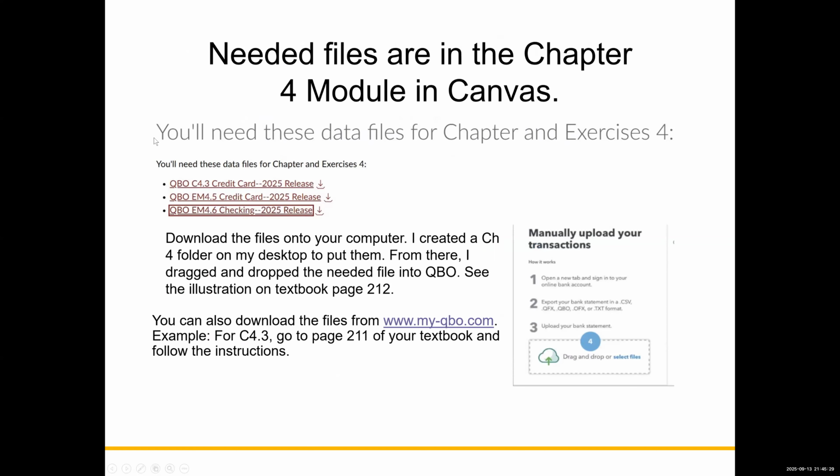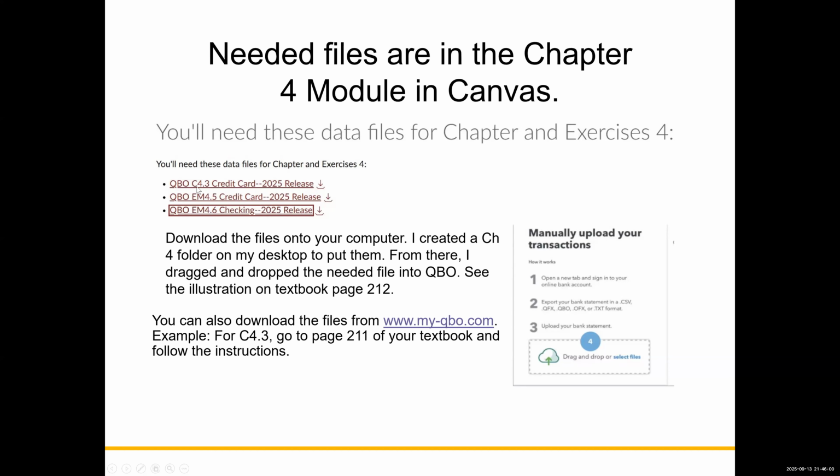There's a line item in the Chapter 4 module that says you'll need these data files for the chapter and Exercises 4. So here are the three hyperlinks that you'll use. These aren't live, this is a picture, but in your Canvas module you can click these and download your Excel files.